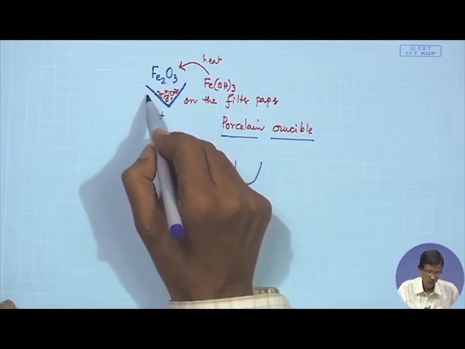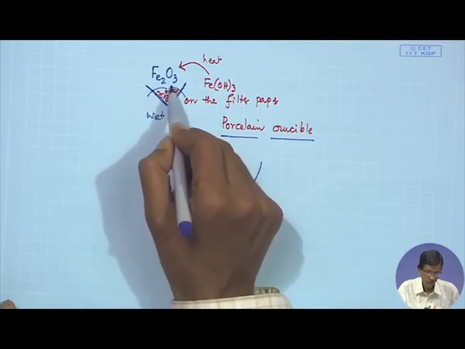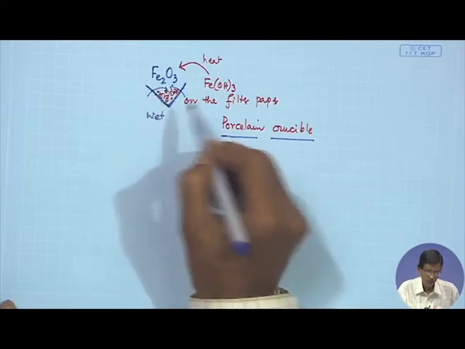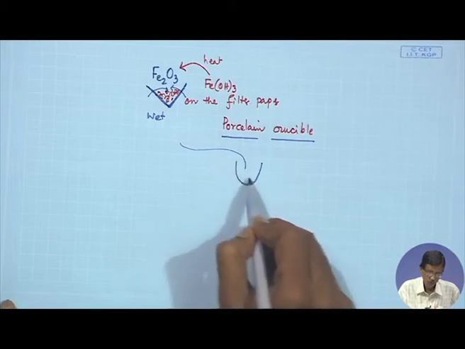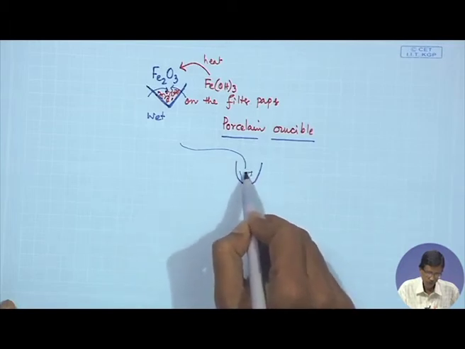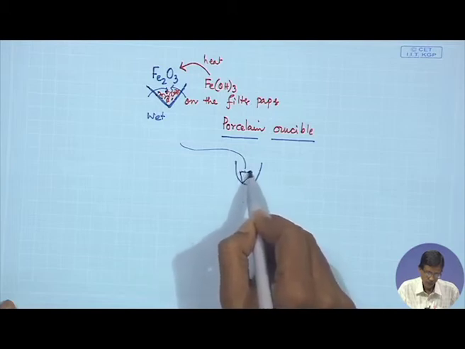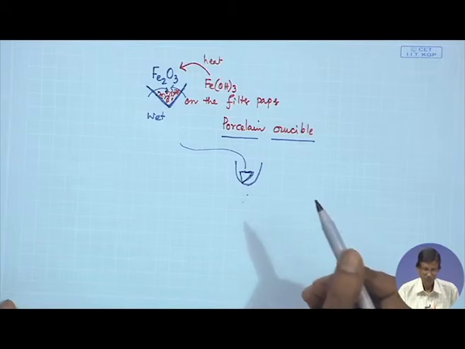So, you fold this filter paper and cover it with the open face, in this folded form. You transfer this into the porcelain crucible.